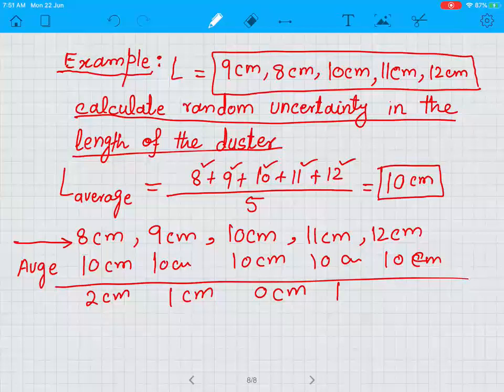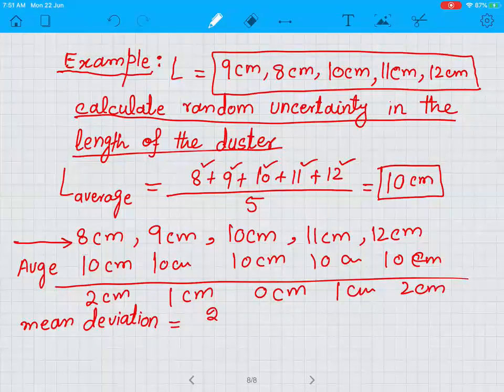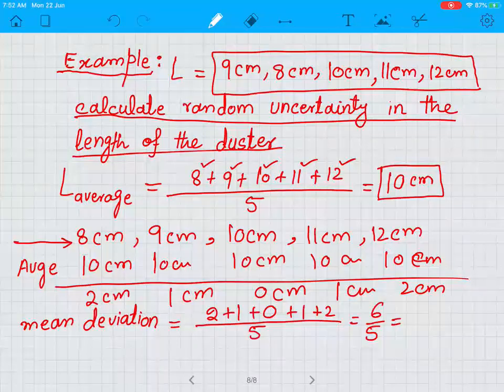Now if you calculate the mean deviation, it would be 2 plus 1 plus 0 plus 1 plus 2 whole over 5. So the answer would be 6 over 5, and that would be 1.2 centimeter.